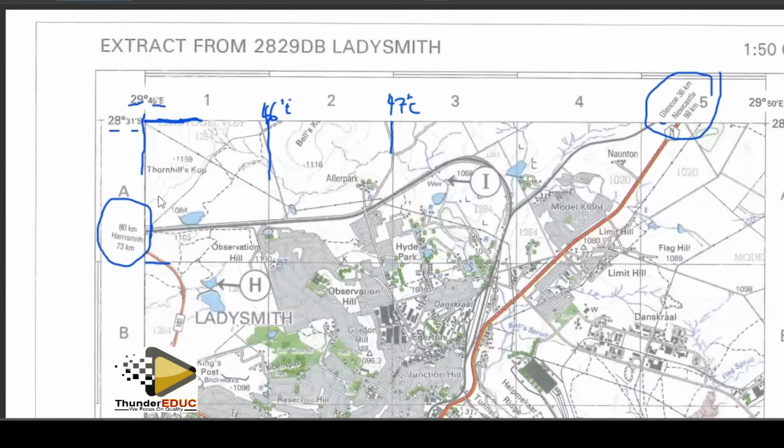This is 29.45, 29.46, 29.47. We pick our coordinates from the northwest corner of our block, which means our coordinates are here. 29.47 of longitude is along this line, and 28.31 is along this line.